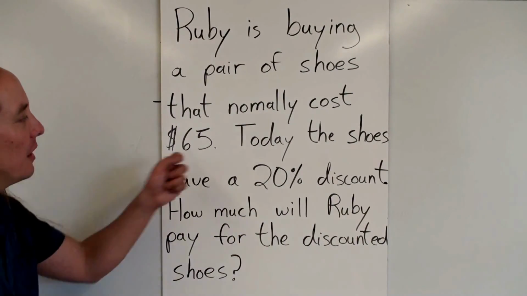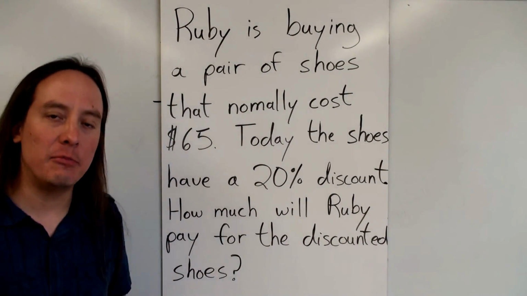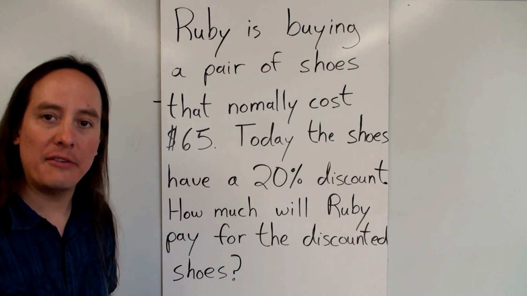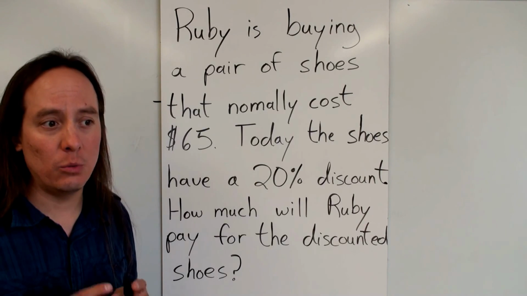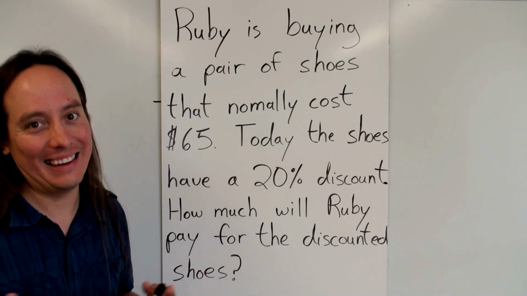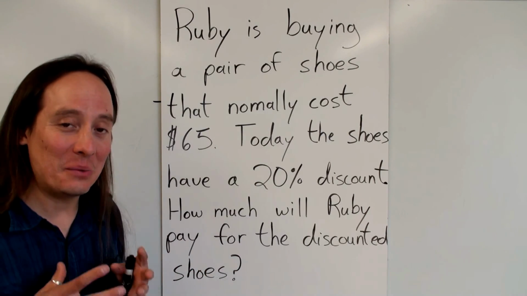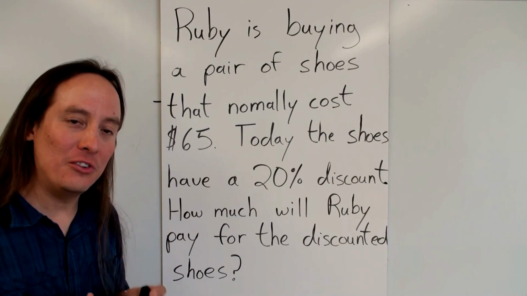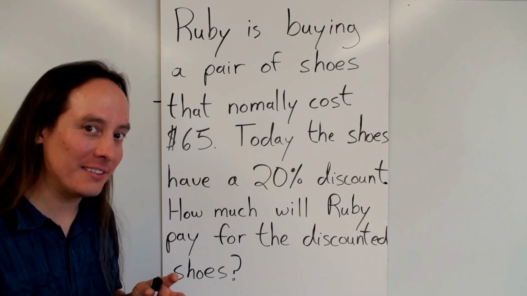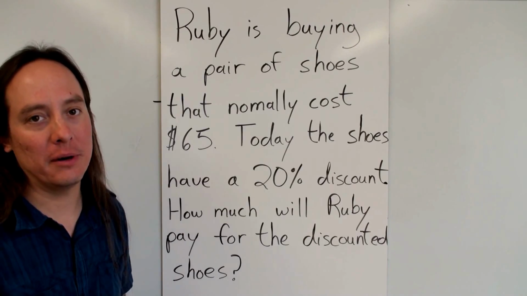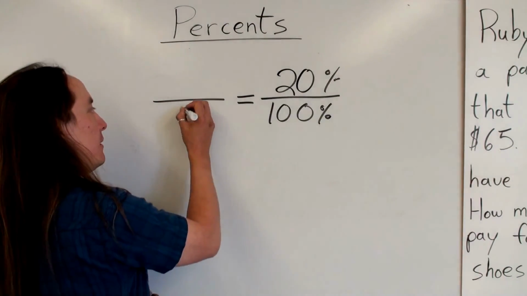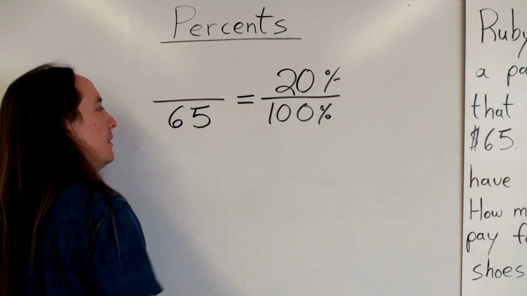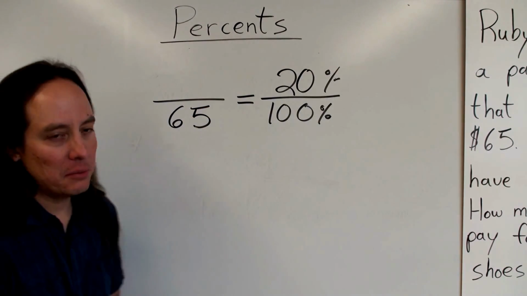So I guess we just have to think about the 65. What would the 65 be? Now remember, we haven't applied the discount to it. We haven't done anything to the original cost. So that original cost, untouched by the discount, is going to be our whole number, our whole part, our 100%. All right, this one wasn't too bad.